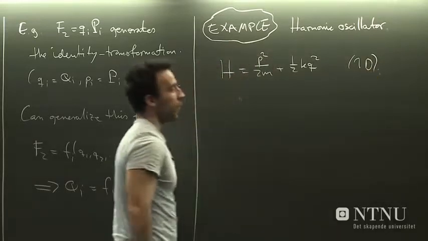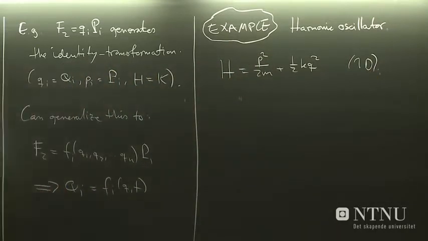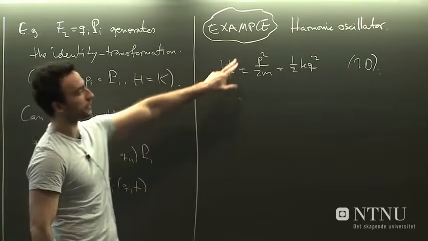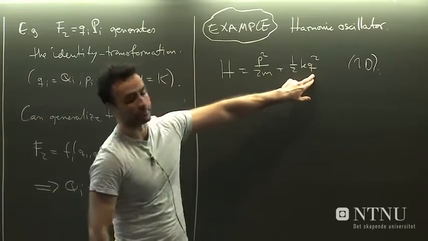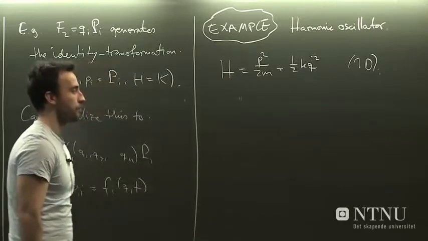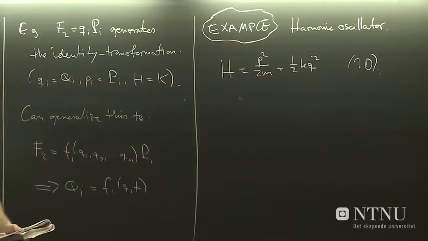In one dimension, the harmonic oscillator Hamiltonian takes the following form, where P is the canonical momentum and Q here is the position coordinate. So now the point is the following.